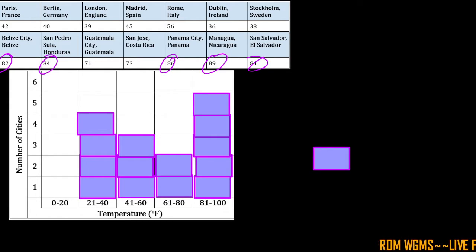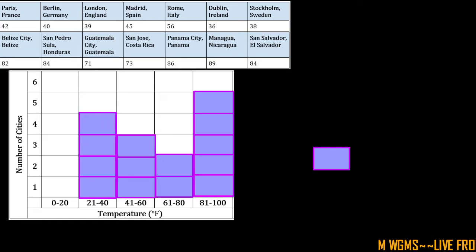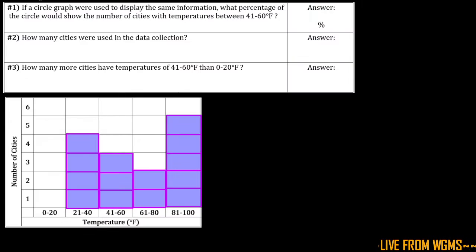And so let's see how this works. I'm going to use this histogram to answer some questions that go along with it. It says, if a circle graph were used to draw the same information, what percentage of the circle would show the number of temperatures between 41 degrees and 60 degrees?